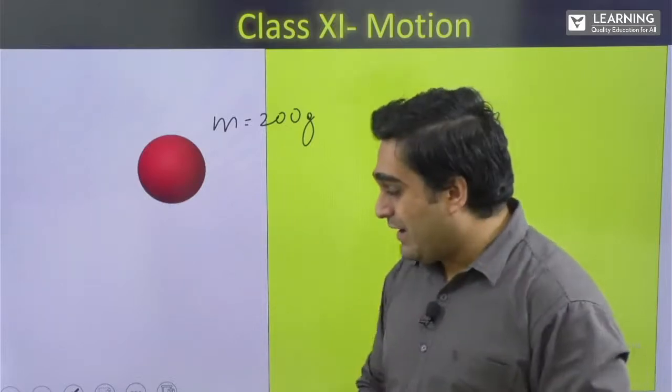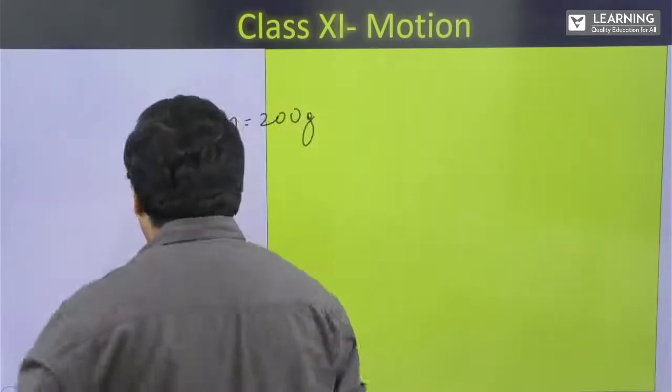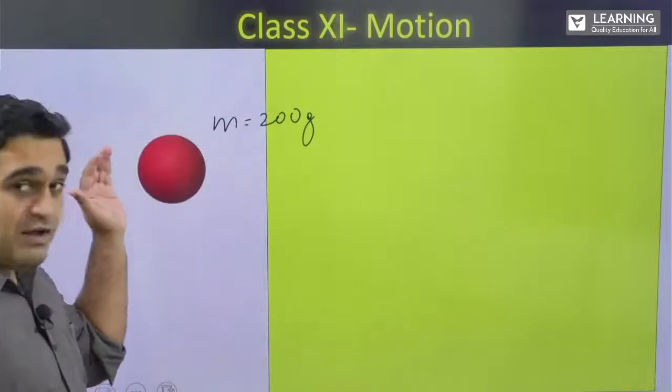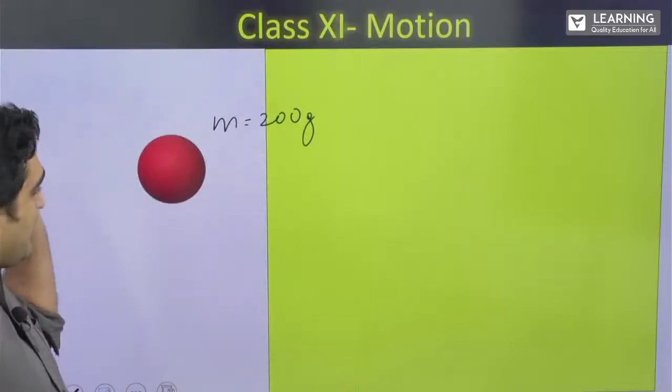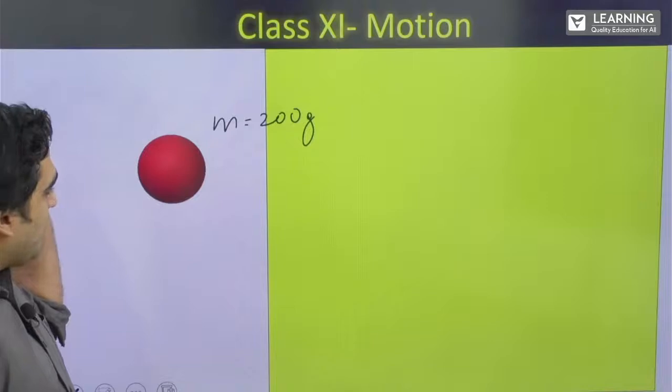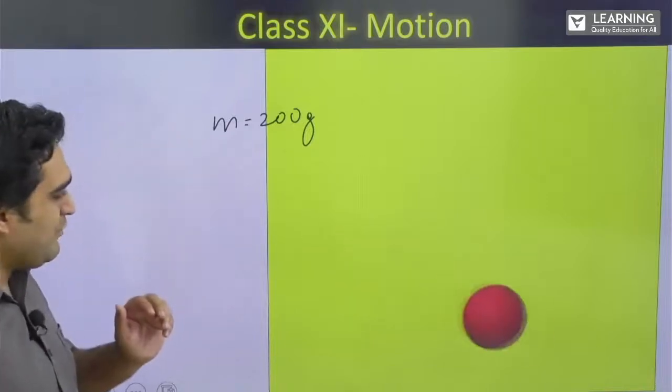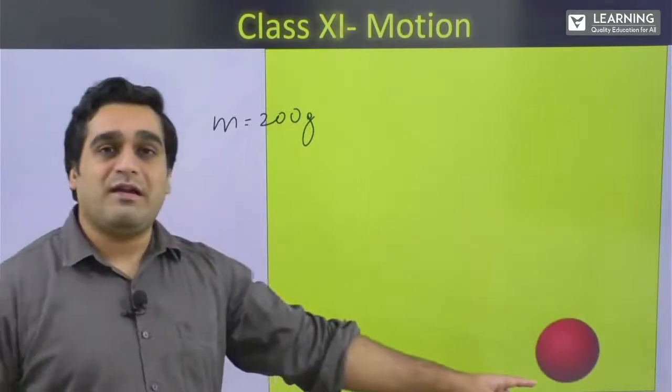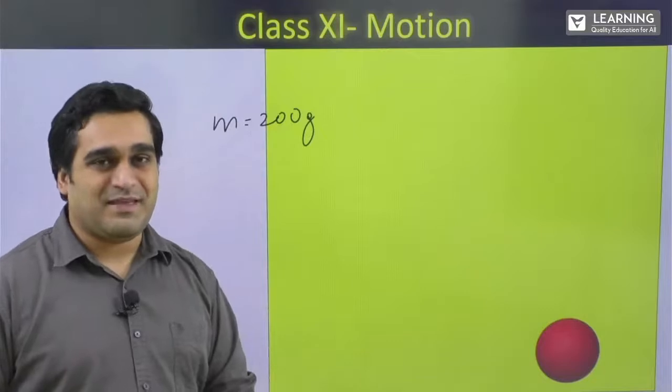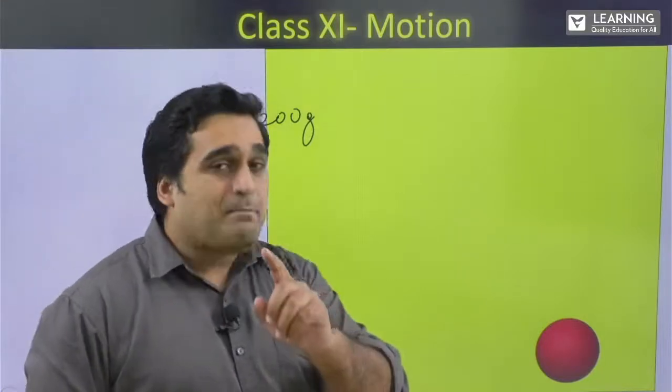Now, on the other hand, to this ball, if I apply a force, now observe, I'm going to apply a force forward, and you notice the ball displaces. It's because I applied the force in a forward direction that the ball displaced.